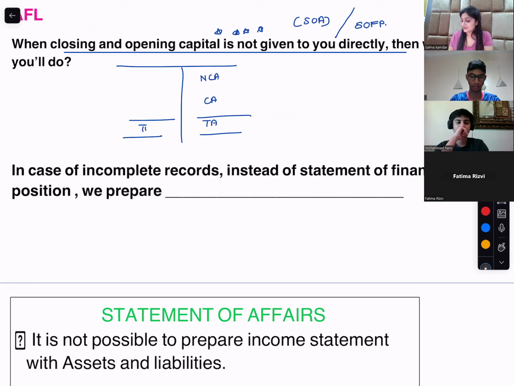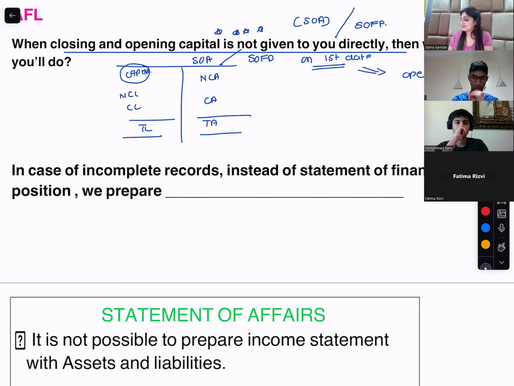Here you have your total liability, NCL, CL, and this is capital. If you prepare this statement of affairs, or I would say statement of financial position, on the first date, what will you get? Opening capital. You will get your opening capital.